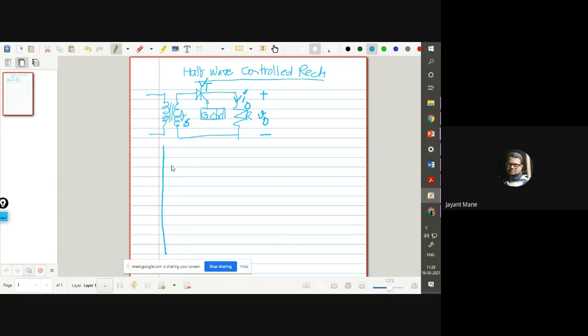Always we draw supply voltage, source voltage first. Whatever is Vs here, that has to be drawn here. And then the V0 output.